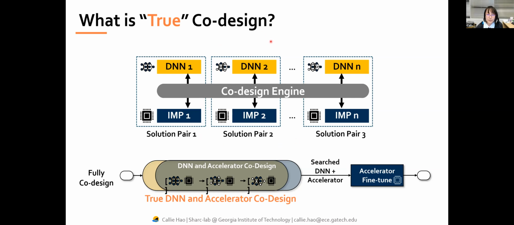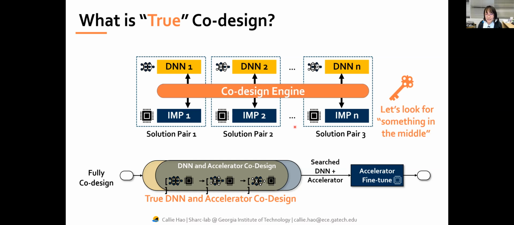And for solution pair two, you want the frame rate to be 30 frames per second, but the accuracy can be 85%. So this is the trade-off. And by having this co-design engine, the beauty is we can generate different solution pairs with different objectives and different performance requirements. So this is what we have in mind, ideally.